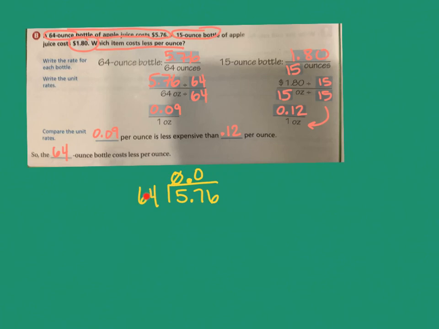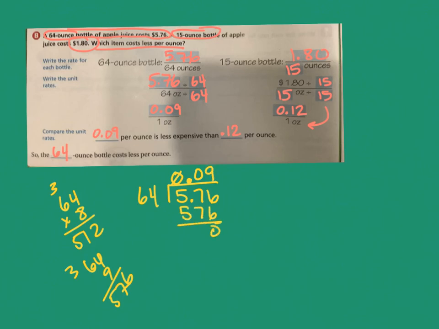This is almost half of 100, so at least 7, 8, maybe 9 times. So I'll experiment with an 8 maybe, and that's 512, and I'll experiment with a 9, 576, oh, dead on, so 9 with none left over. So that's how I got the 0.09.